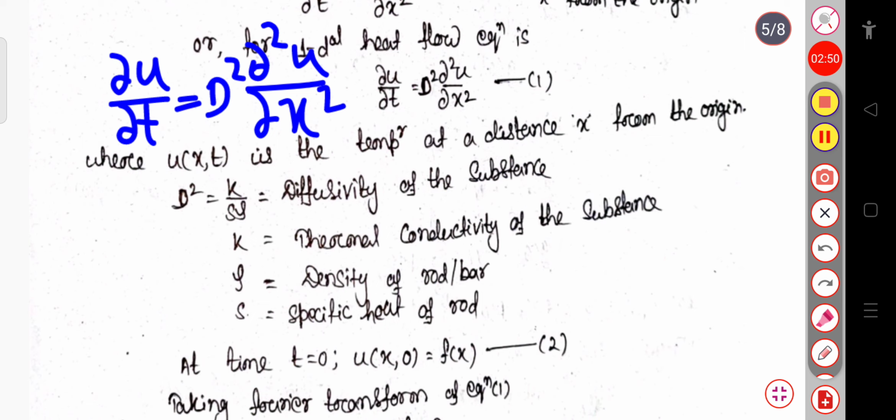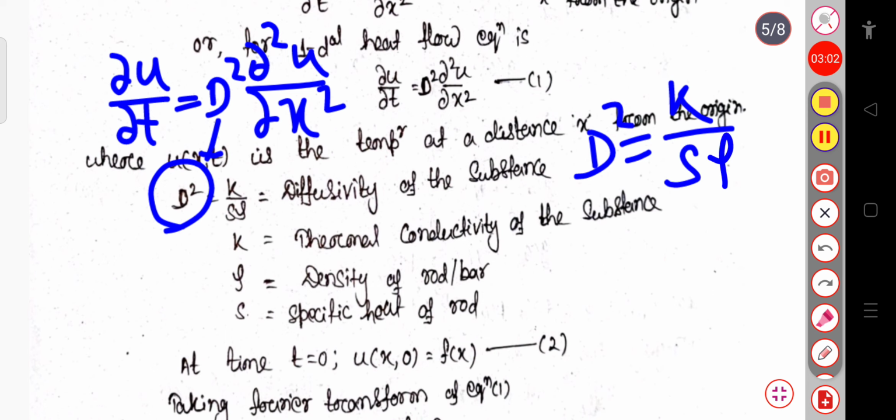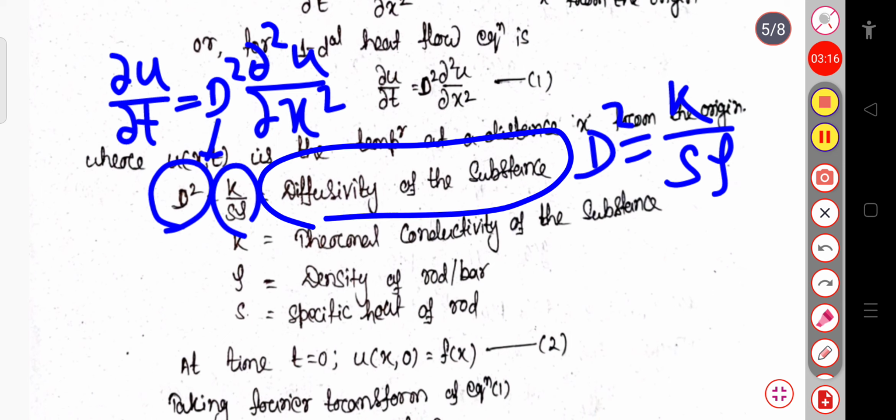Here this capital D² term is equal to K divided by S into rho. You may denote it as D² or D, whatever you want to write. This K/(Sρ), or D², is the diffusivity of the substance.